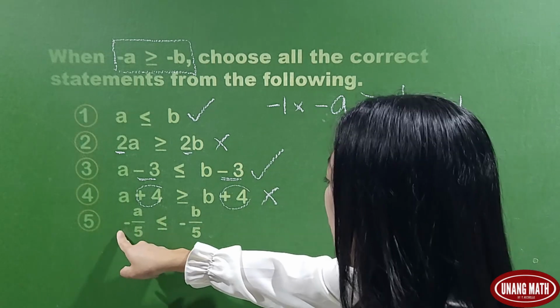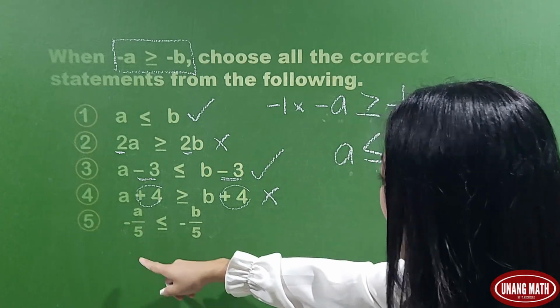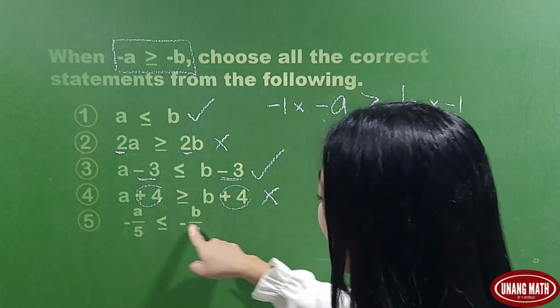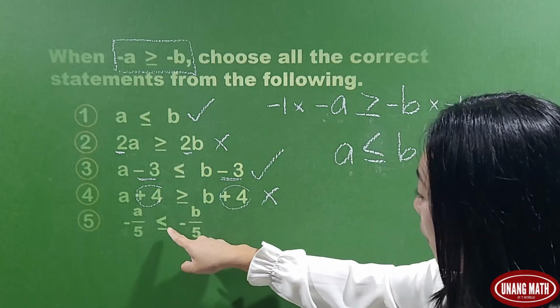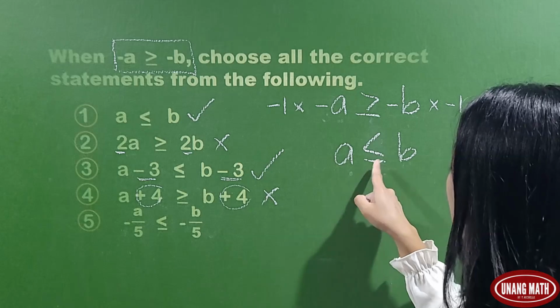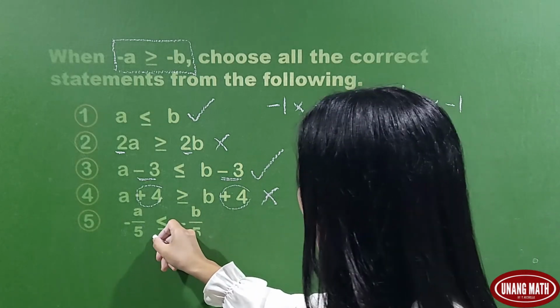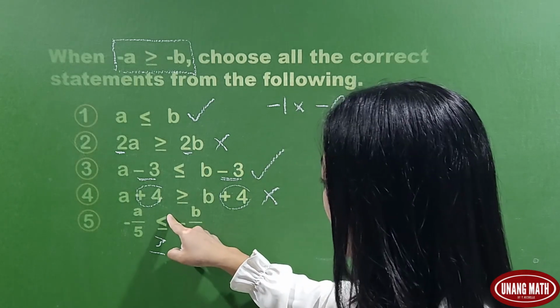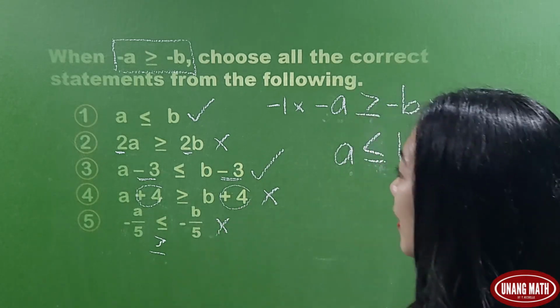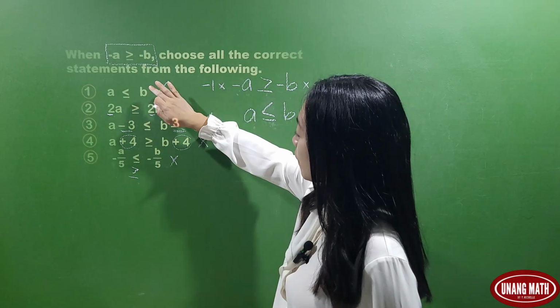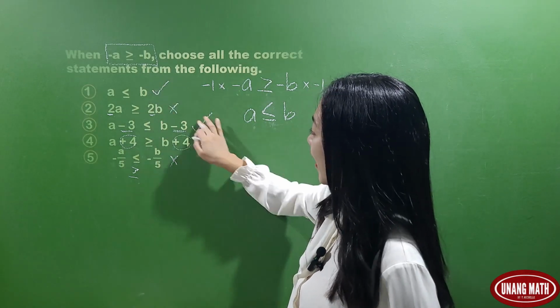So we actually divided both sides by negative 5. So the symbol should be the reverse of less than or equal to. So it should be greater than or equal to. But this is less than or equal to, so this is not correct. So the correct statements from the following are statements number 1 and 3.